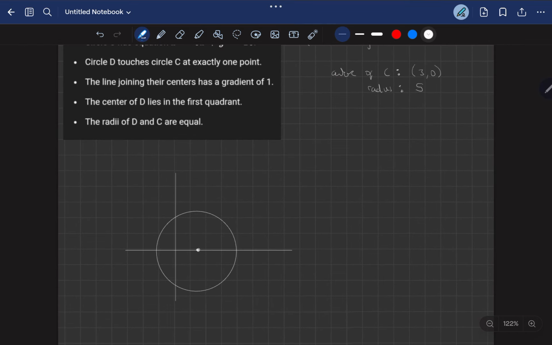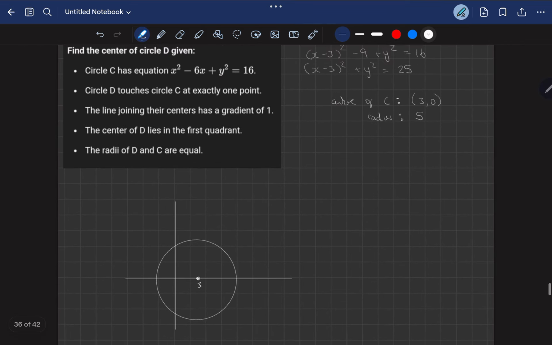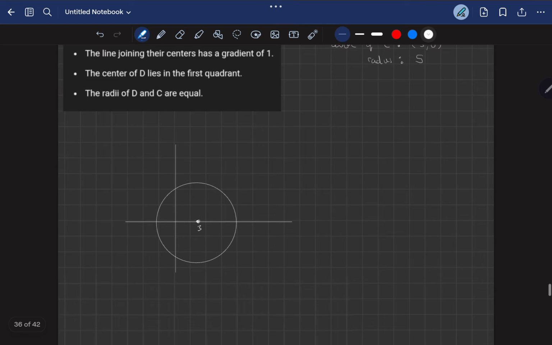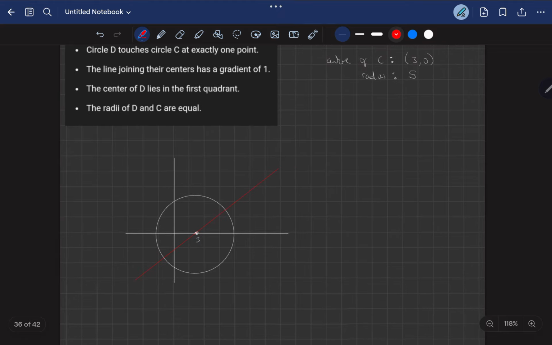And the radius is 5. Let me just do 3 right there. Now, the line joining the centers has a gradient of 1. Let me draw this in red. We know that the center of D has to lie along the red line.